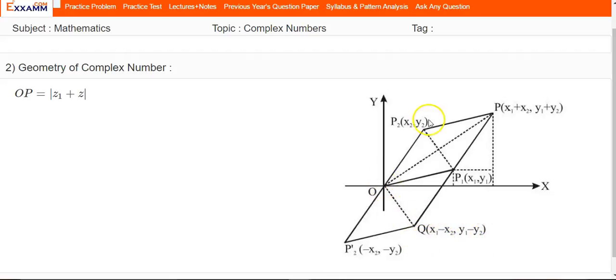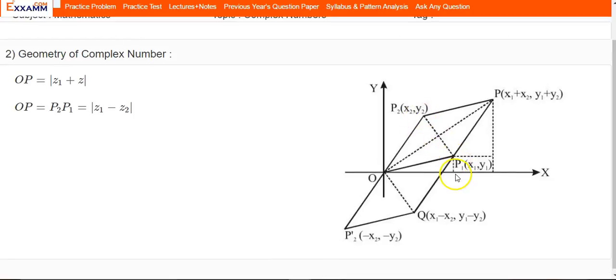Now OQ and P2P1 are parallel, opposite sides of a parallelogram, so OQ would be equal to P2P1 here. So this distance would also be equal to x1 minus x2 comma y1 minus y2. So P2P1 would represent modulus of z1 minus z2.